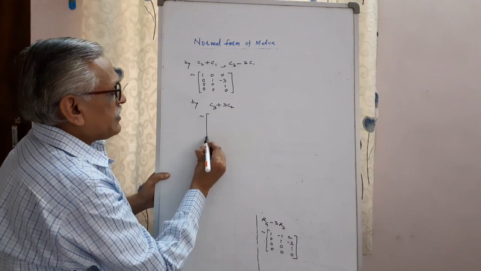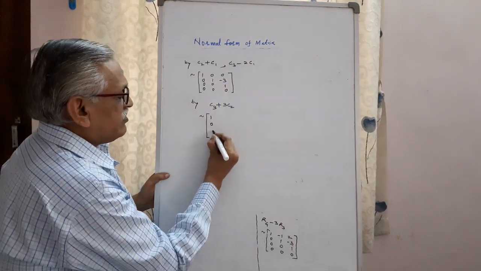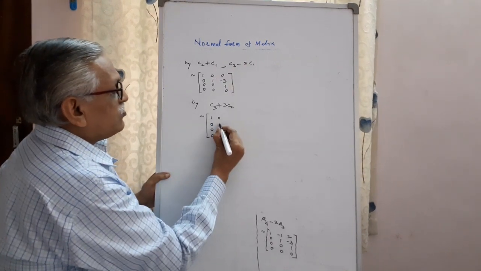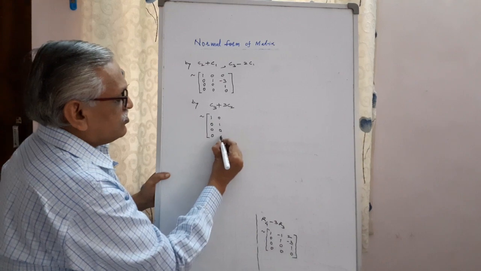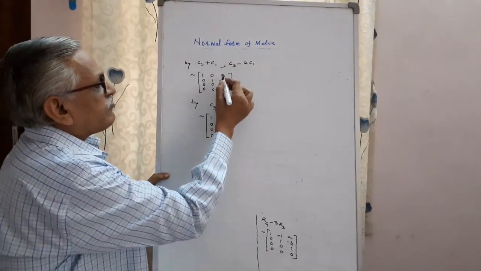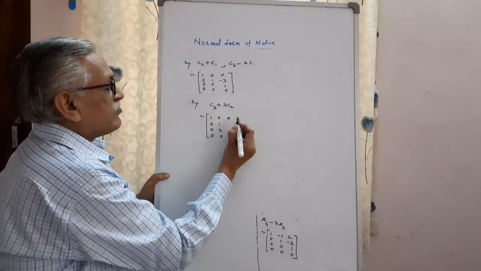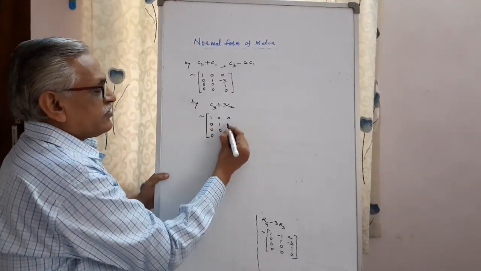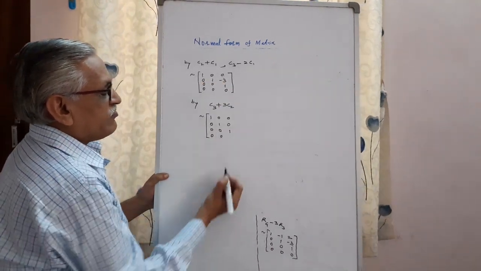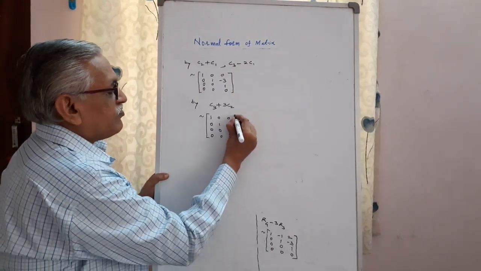We get first column no change once again, second 0 1 0 0. Then the third column changes are 0 plus 3 times 0 0, minus 3 plus 3 0, 1 plus 3 times 0 1, 0 plus 3 times 0, that is 0.